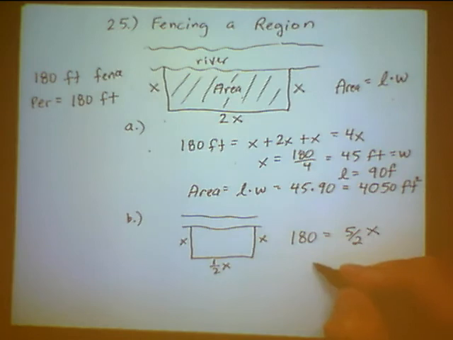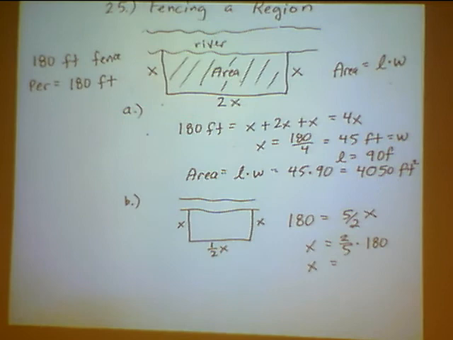So therefore, if I solve for x, multiply both sides by 2/5, and for this situation, the x is going to be 72 feet.